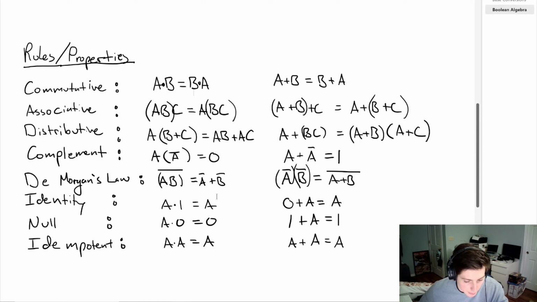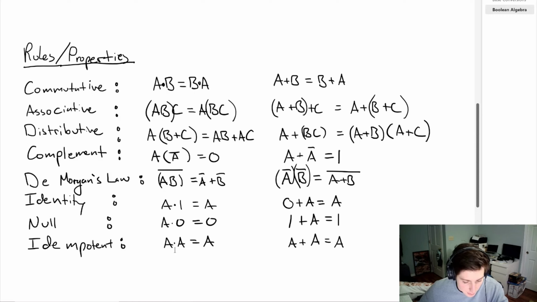Now, one of the main drivers for logic is De Morgan's law. We'll look into proving those in a little bit, as they seem a little bit confusing when you first look at them. We also have the identity property, where A, or any input, times 1 is equal to A. Or you can have 0 plus A is equal to A. You have the null property, where you have A times 0 is equal to 0, or you can have 1 plus A is equal to 1.